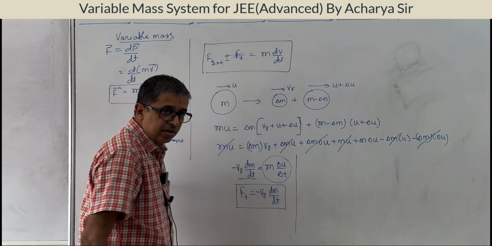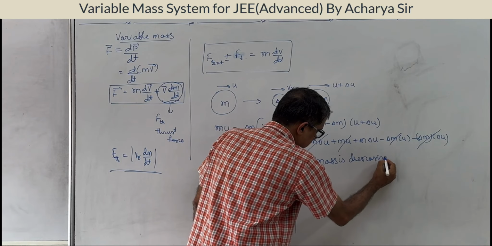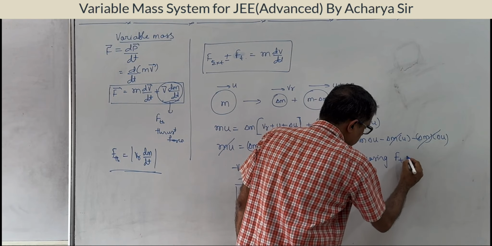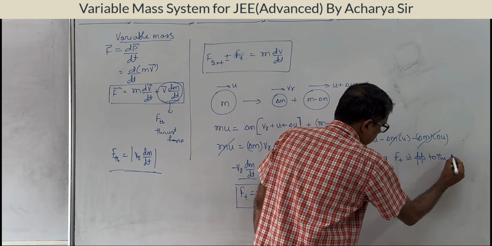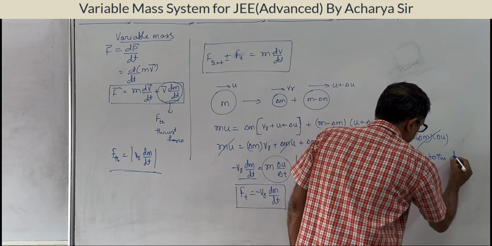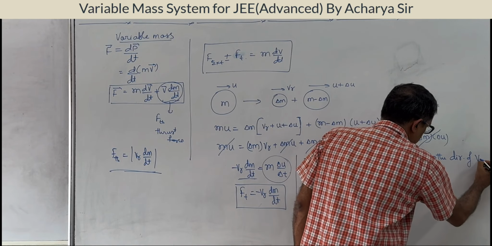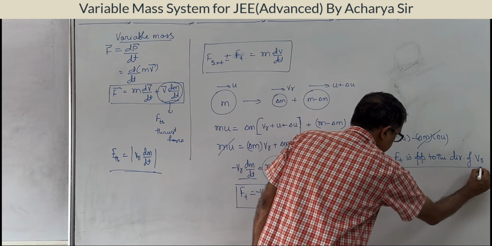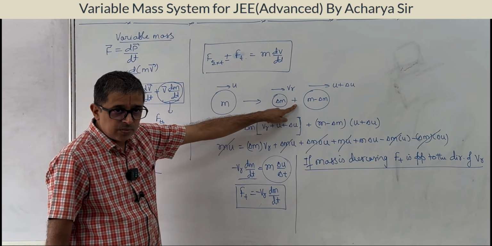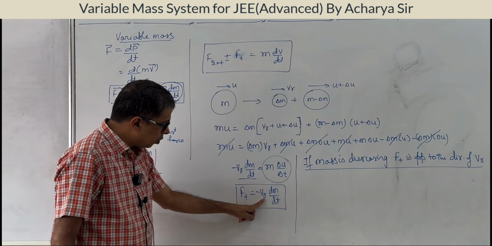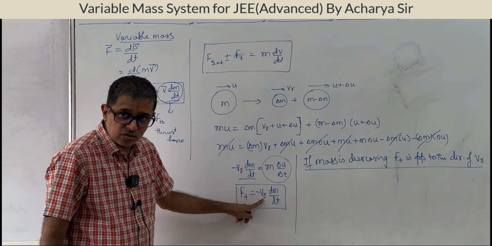The negative sign tells me that if the mass is decreasing, the thrust force is opposite to the direction of relative velocity.